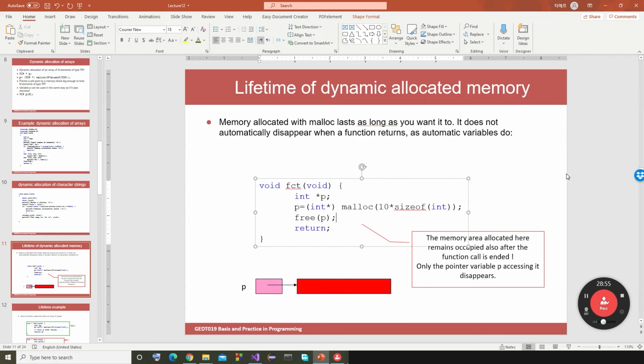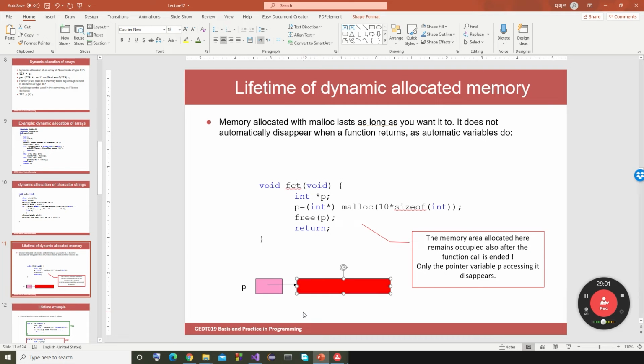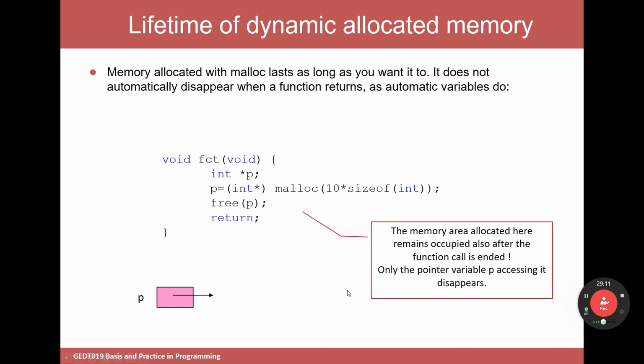That means free where this pointer is pointing. What I mean by free is delete this from the memory, because we don't want it anymore. So this is the solution.